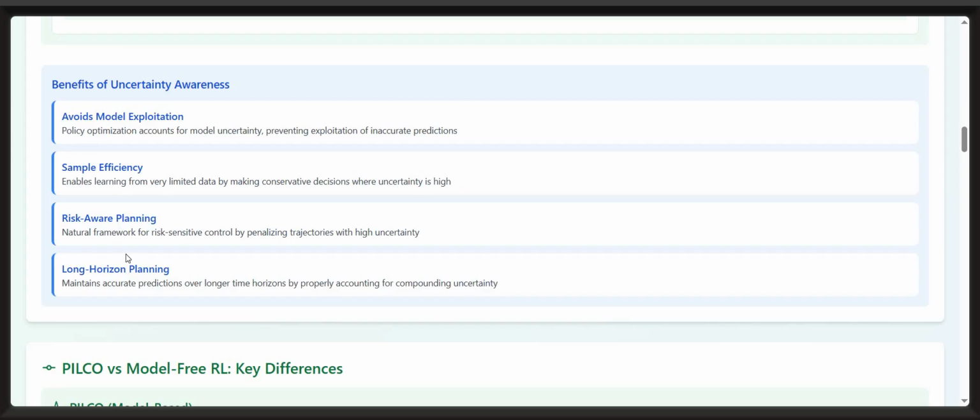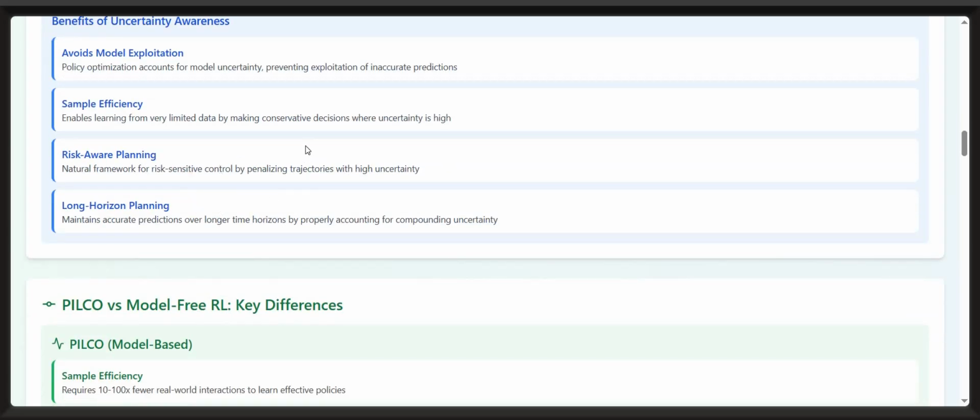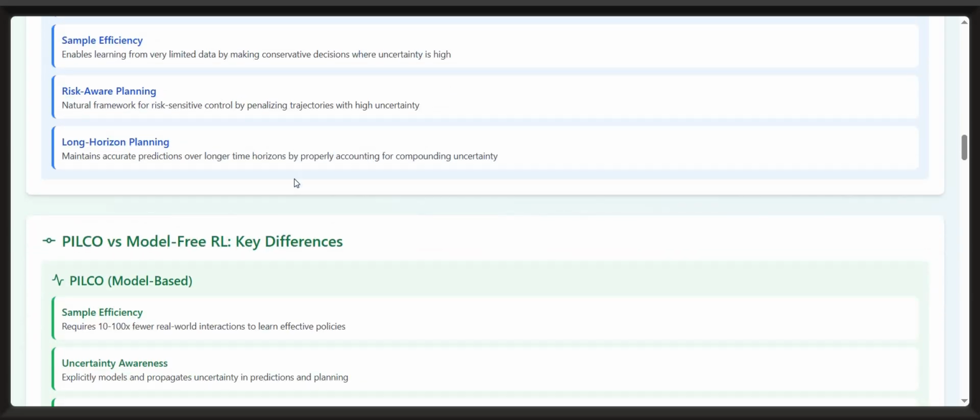And it also allows risk-aware decision making. So if a certain outcome is too uncertain or risky, the policy can take that into account and choose a safer alternative.